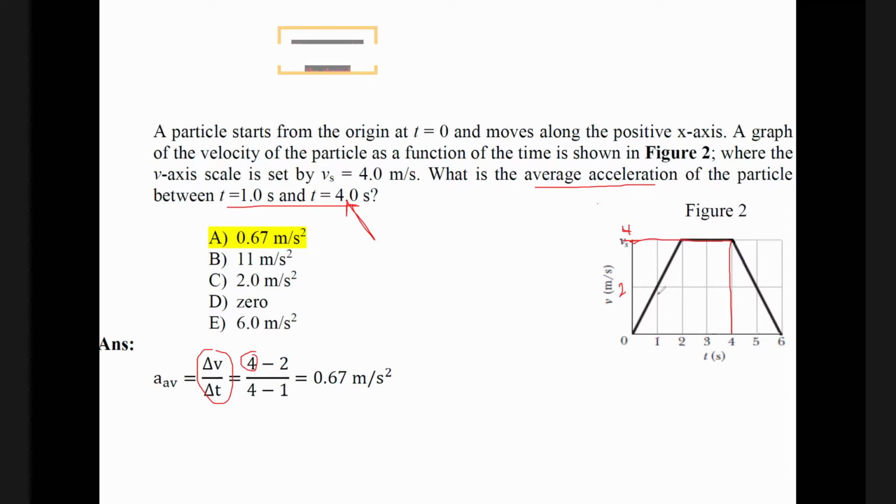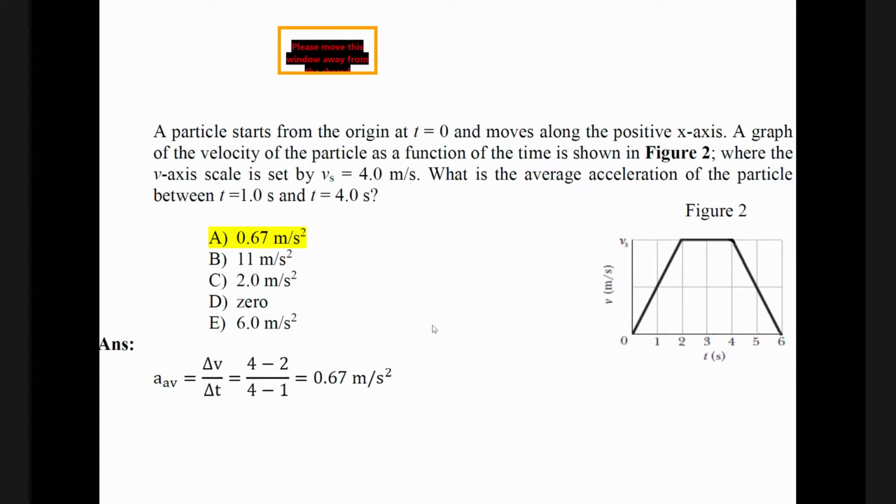Where is the v at 1? It is 2. Divided by delta t between 4 and 1, so it's 4 minus 1. Very simple. Just follow the rules you learned. Average acceleration is v final minus v initial over t final minus t initial.